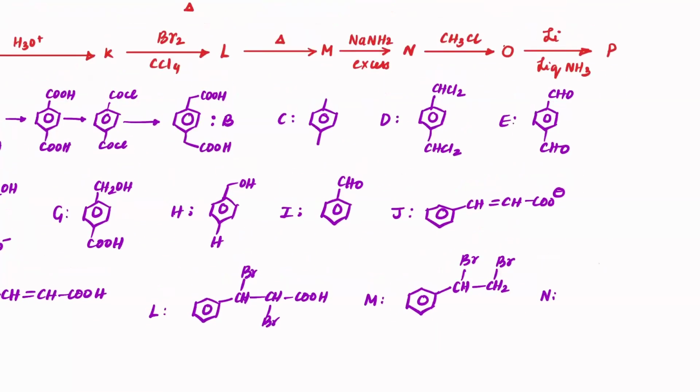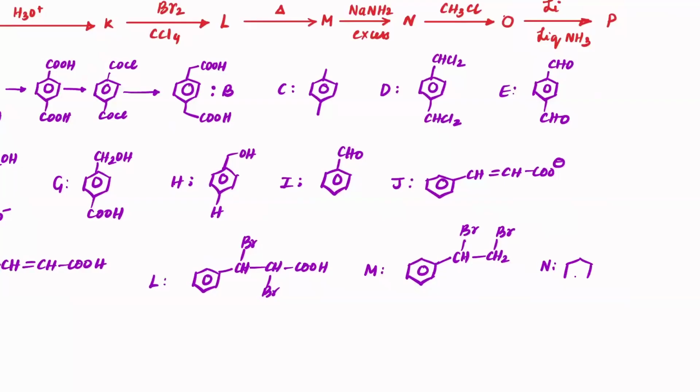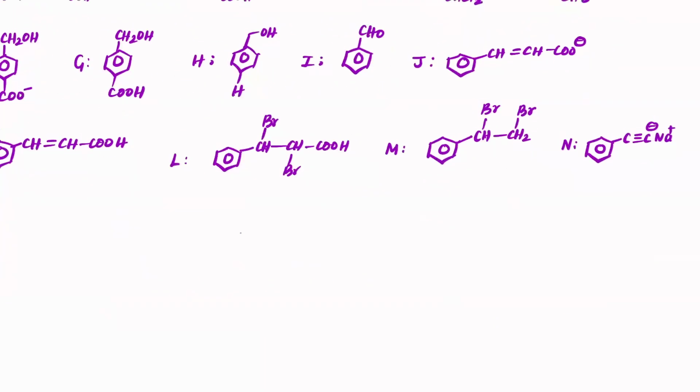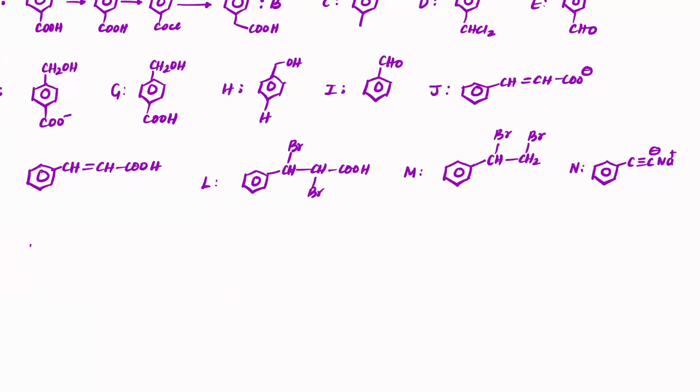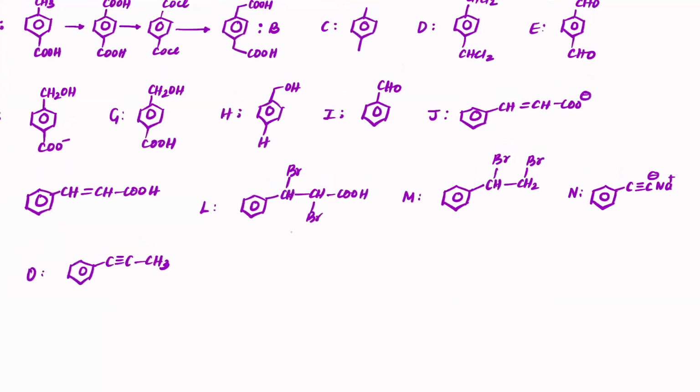N is about, you know, elimination. On elimination, we'll get this as C triple bond C minus Na plus because I'm using excess. And this C minus will attack on CH3Cl to give O. We will get this as C triple bond C and CH3. This is the product form.